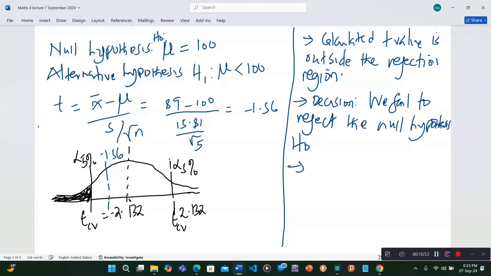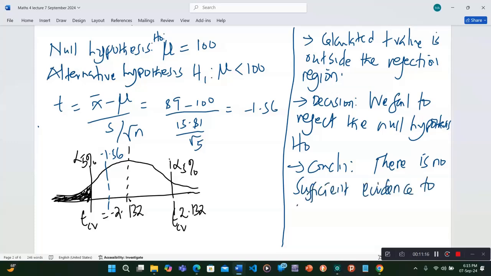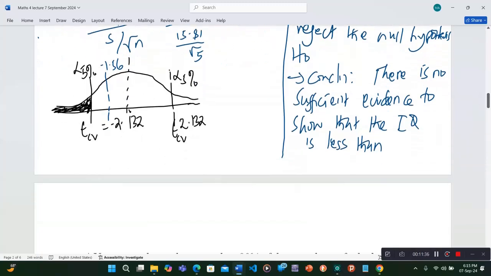So what does that mean? The conclusion is that there is no sufficient evidence to show that the IQ is less than 100.